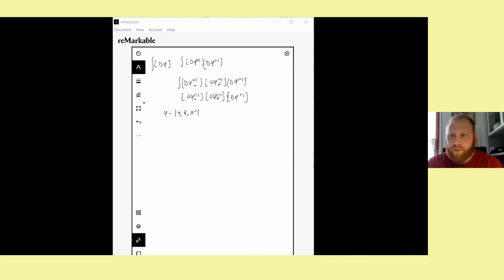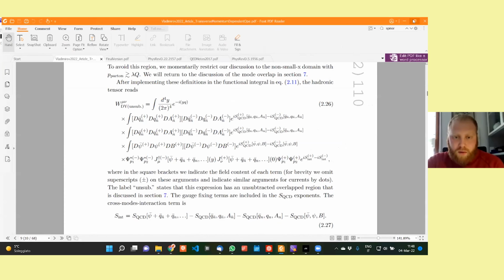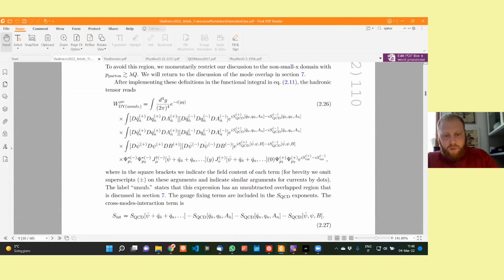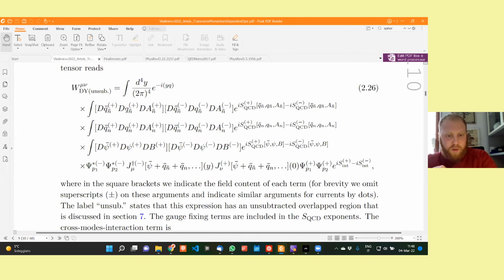So now I will show you just the formulas from the paper, just because it is much faster for me. If you plug in the decomposition that I showed you, and you write explicitly that you have q bar, q, and A fields in your theory, you get the first line, which contains the n bar collinear fields in the plus and minus sector. You get your QCD Lagrangian, the QCD action for the plus n bar fields.